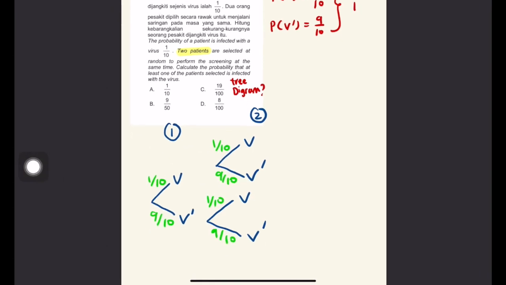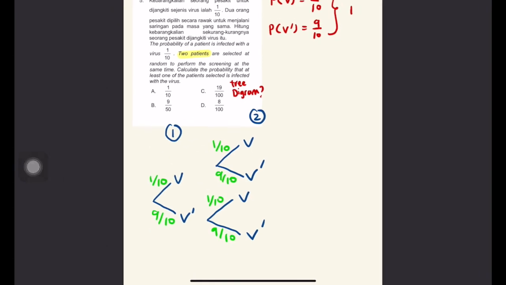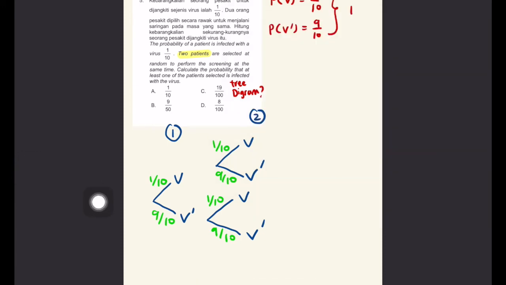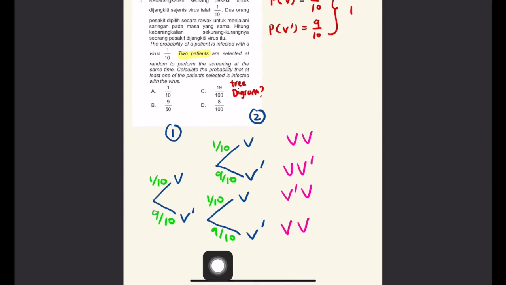Next, what possibilities are there from this case? Maybe we get an infected patient, so VV, both infected. Or maybe infected, not infected, so VV prime. Or maybe not infected, infected, so V prime V. Or both not infected, V prime V prime.